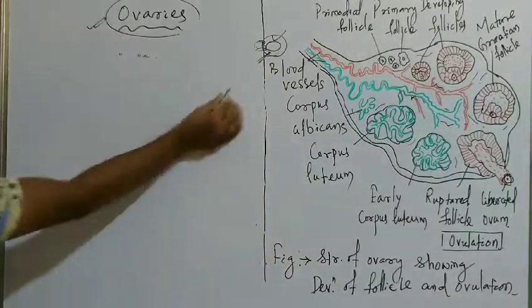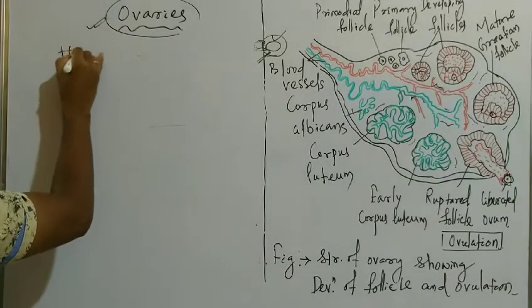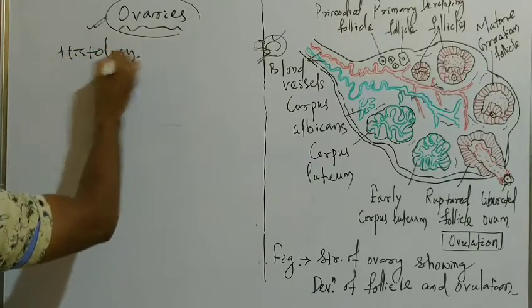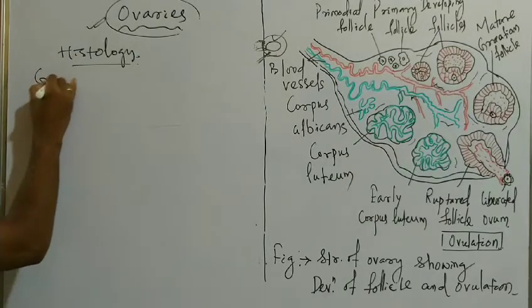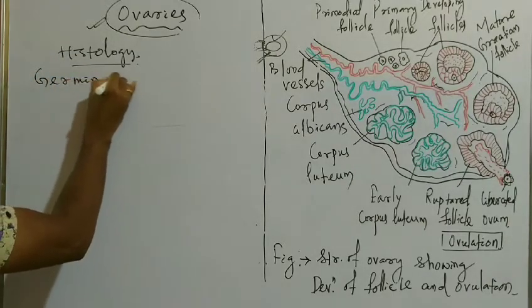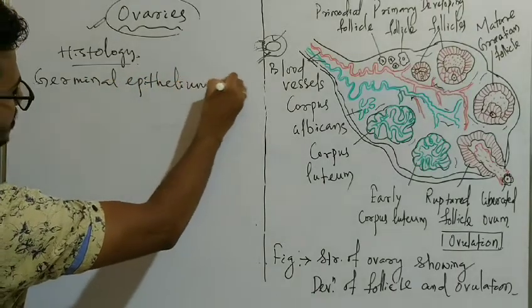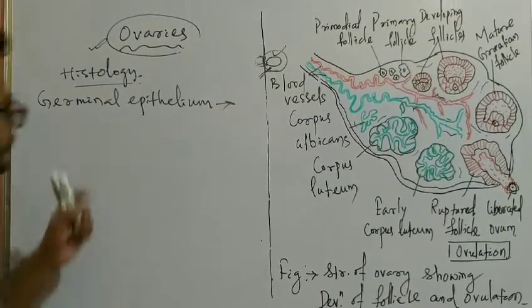In the histology of the ovary, first we will discuss the germinal epithelium, which is the lining of the surface of the ovary.